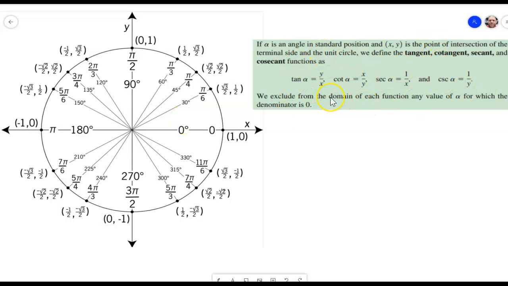And I put it right here because we're going to be using that when we do some of the problems from page 455 in our book. And I'm going to do some of those problems from numbers 7 through 32 in the book. And we'll be using this definition along with this unit circle to do some of those problems there.